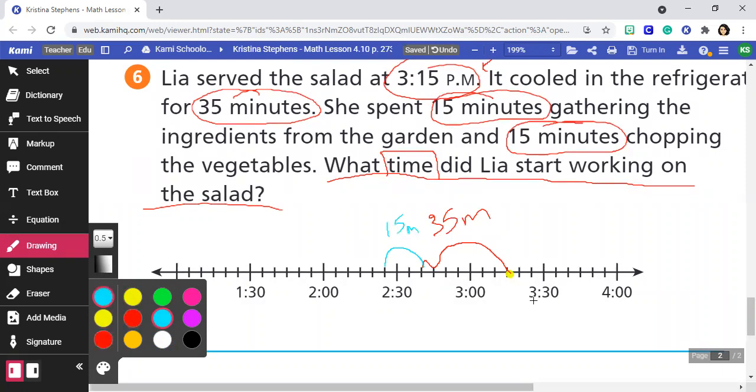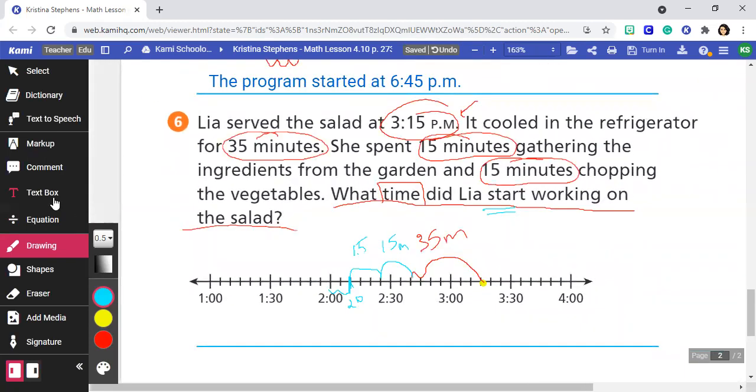And then there was 15 minutes chopping these delicious fresh garden vegetables, which is another group of 3. So I feel good about that. What time did Leah start working on the salad? Well, what time is it right here? 2, 2:05, 2:10. So 2:10 is what I came up with. Do you agree with my answer?